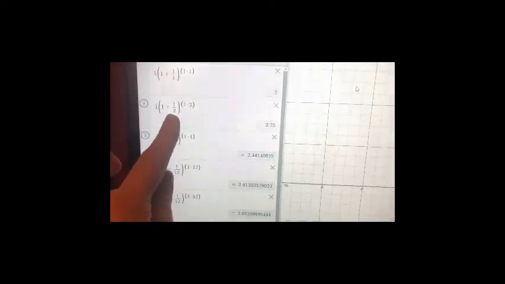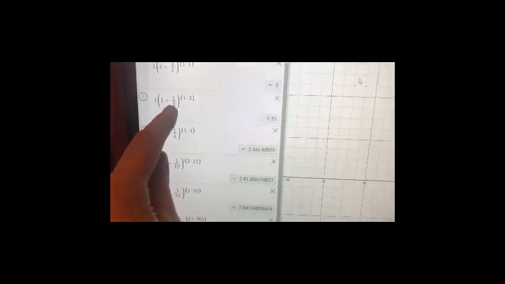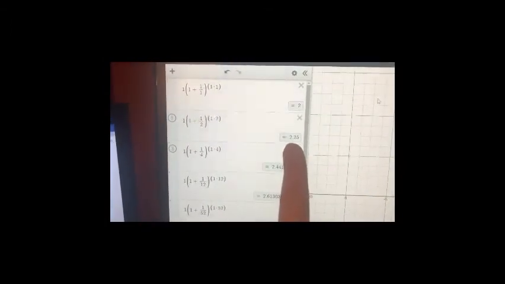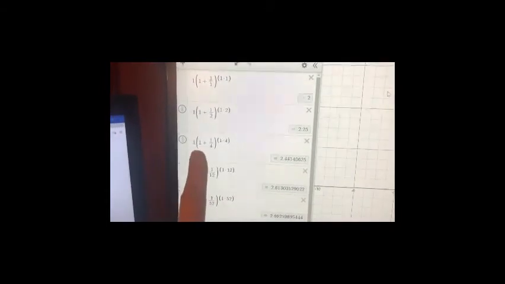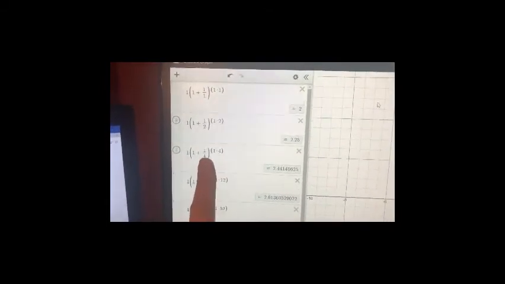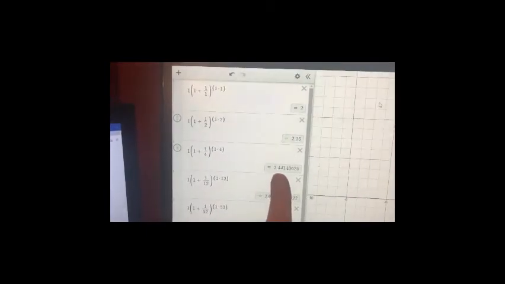Now, in all the rest of the examples, I'm going to change what the n is. And the n in that equation appears on the bottom of the fraction and in the exponent. So if I change the n to 2, like I'm compounding semi-annually, then my answer is 2.25. If I start with $1 and I compound it quarterly, I come out with $2.44.